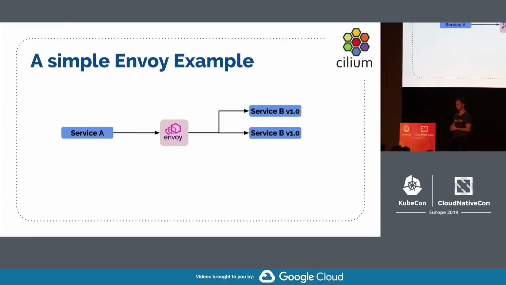You would then want to deploy a new version of service B, and instead of just radically doing a rolling update and sending all of the traffic to the new version of your service, you would do a so-called canary release.